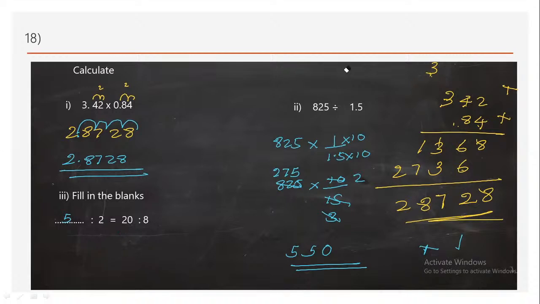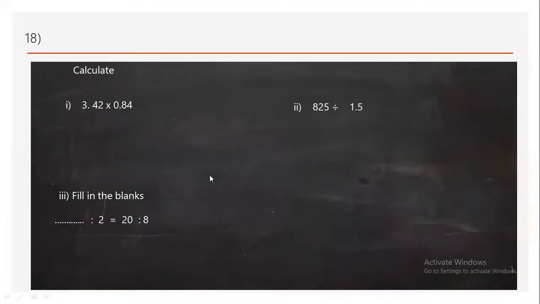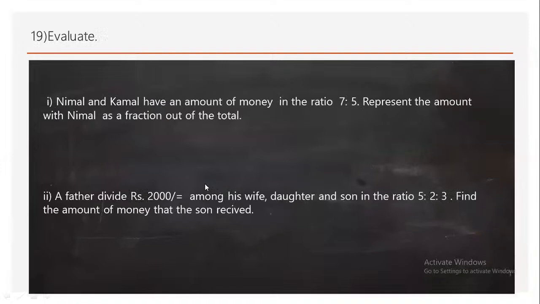Next question, question number 19. Nimal and Kamal have an amount of money in the ratio 7 to 5. Represent the amount of Nimal as a fraction out of the total. Then Nimal, I will take another color. Nimal, Kamal, 7 to 5.